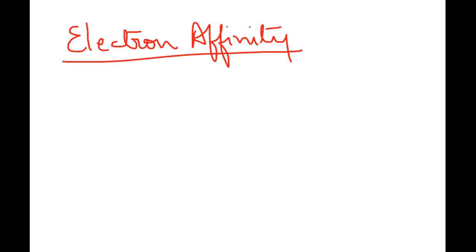So this is what is meant by electron affinity, and the energy that is given out is indicated with a minus sign. The minus sign is only telling you that this is the amount of energy that is given out. The values are not in terms of minus, but it is just telling you that the amount of energy that is given out is whatever values are given according to that.